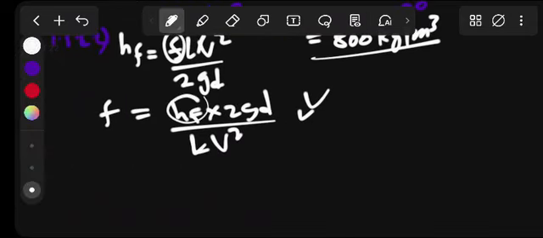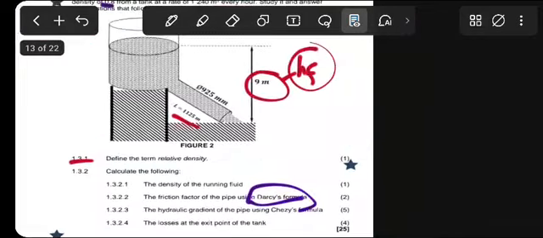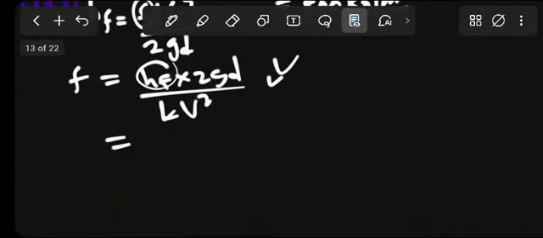Now we substitute what we have. hf is given there as 9 meters.